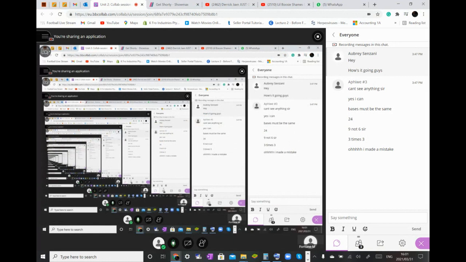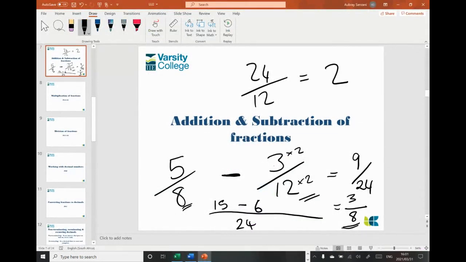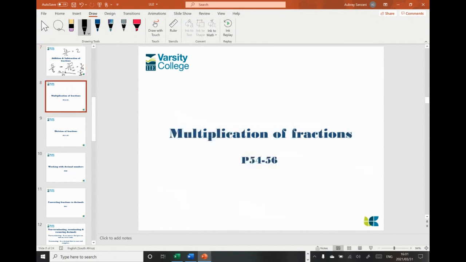It's all good. We're all on the same page. So yes, your final answer should be 3 divided by 8. So that's typically how you do subtraction and addition when it comes to fractions. You need to put them into the same base.